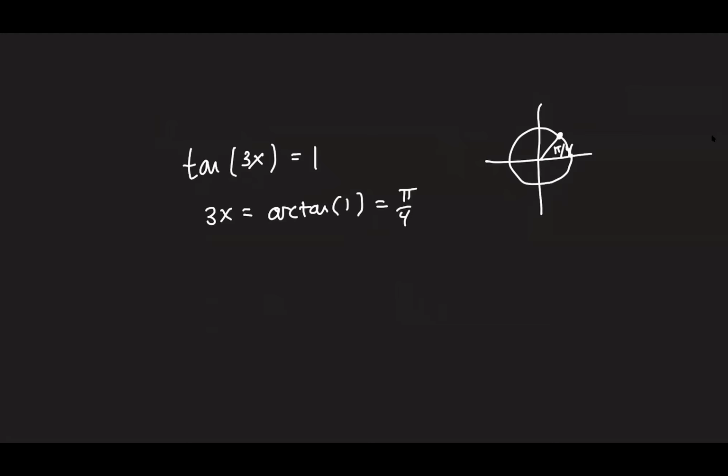But I know that there's another point that corresponds to this. Tangent is going to be positive in quadrant 1, and it's also going to be positive in quadrant 3. So I have to ask, what is the angle in quadrant 3 that has the same reference angle as pi over 4?